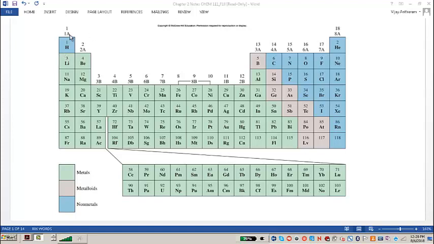The groups can be numbered 1, 2, 3, 4, 5, all the way to 18, or some versions of the periodic table have the A, B type of naming. So this can be group 1A or group 1. This would be group 2 or group 2A, again depending on the periodic table version you're referring to.